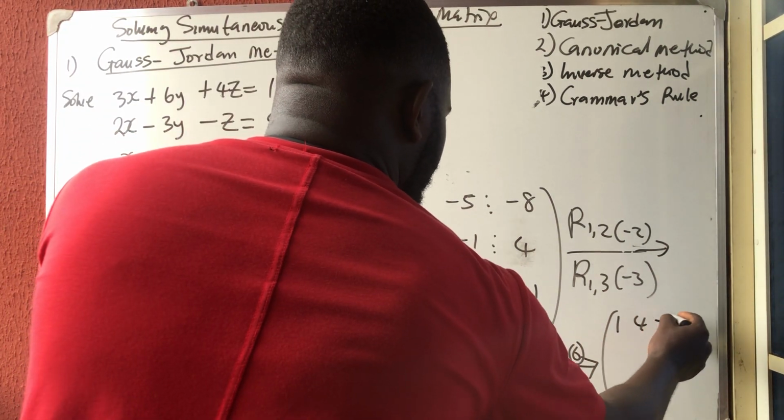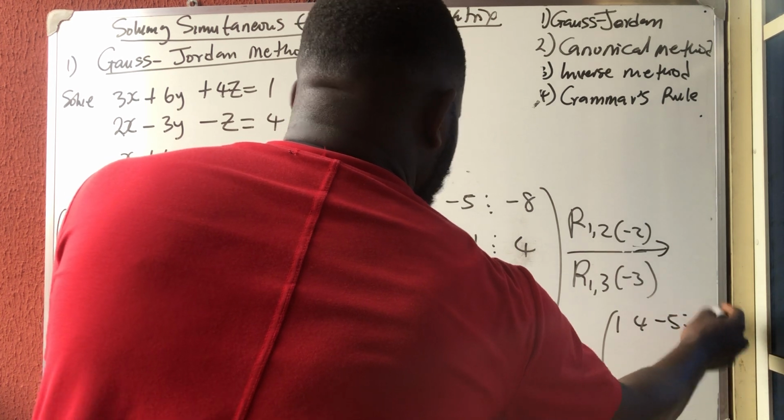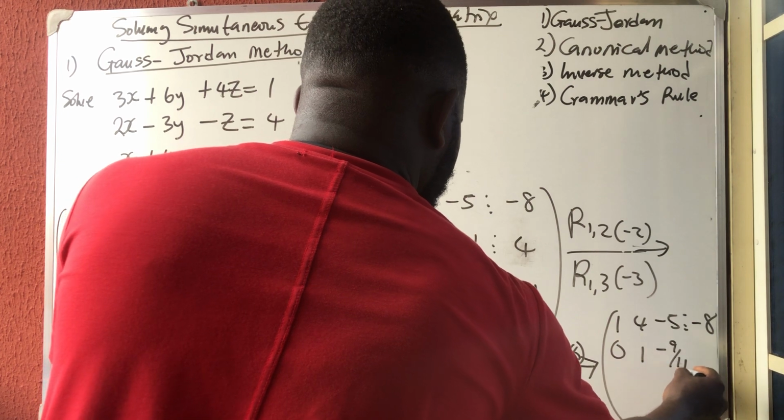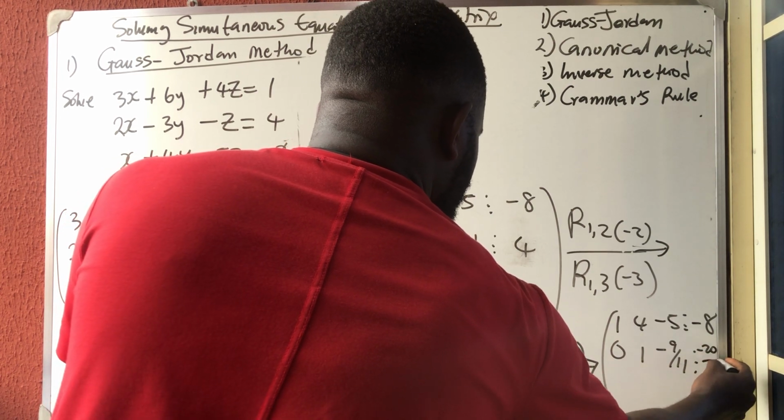1, 4, minus 5, dot, dot, dot, minus 8. Then 0, 1, minus 9 over 11, dot, dot, dot, minus 20 over 11.